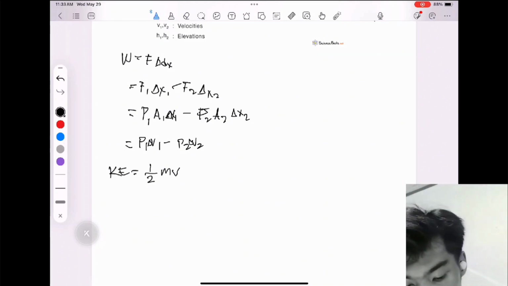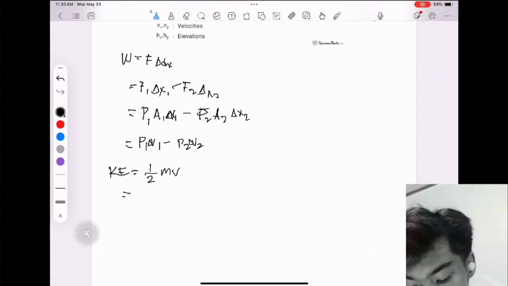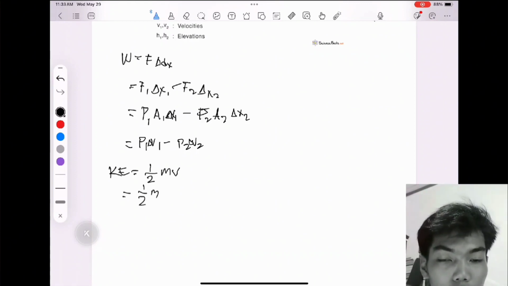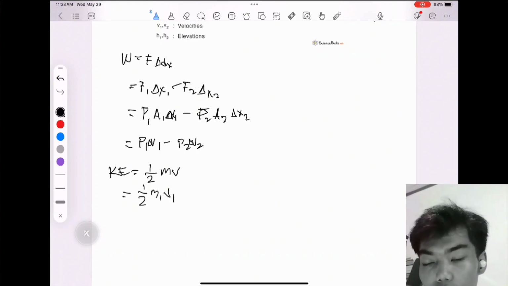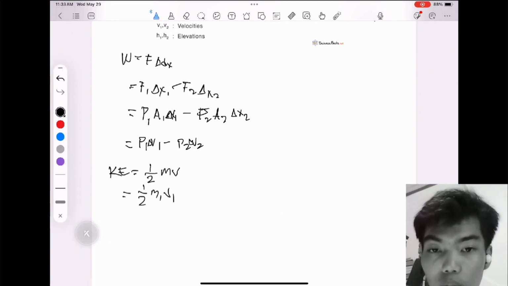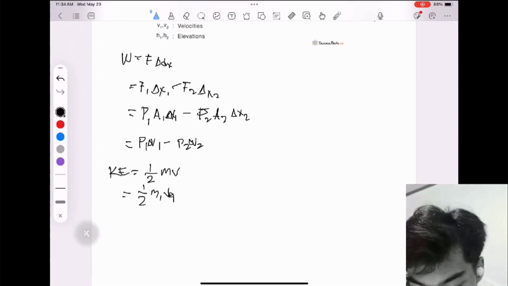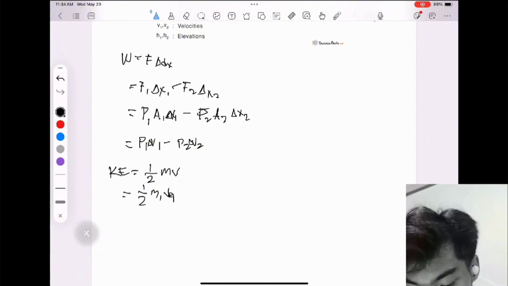But since dalawa ang ating points na ino-observe, kailangan natin talagang gumawa ng dalawang equation for that, ng summation niyan. So, makukuha natin yung total kinetic energy by 1/2 rho volume times (V2 squared minus V1 squared).